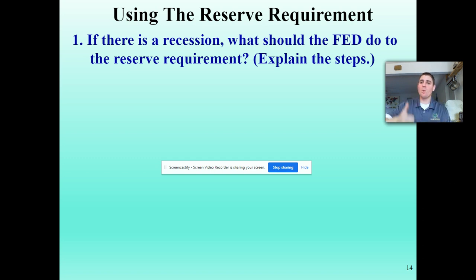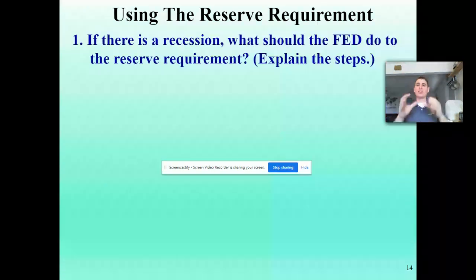We would want more spending. I'm going backwards, okay? If we want more spending, it would be a result of interest rates decreasing. Well, if interest rates are decreasing, it's because the money supply has increased. Well, how do we get the money supply to increase? Well, in order to do that, we would do what with the reserve ratio? Well, the Fed would increase or decrease the reserve ratio, right? Well, it would decrease the reserve ratio.